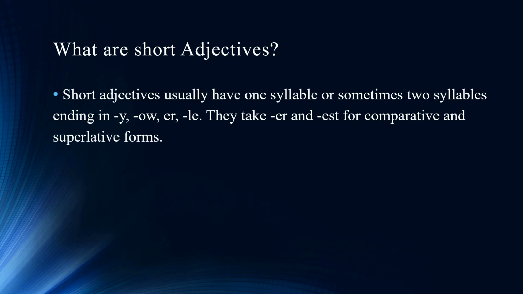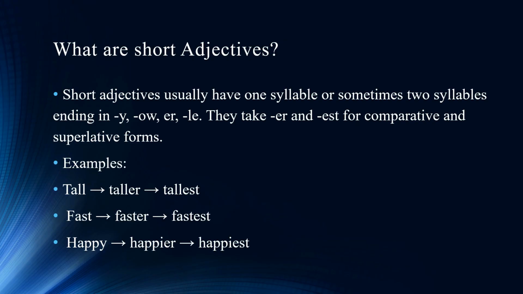They take er and est for comparative and superlative forms. Examples: tall, fast, happy. These are short adjectives, and you can see in the second degree, the comparative degree, we added er, and in the third degree, which is the superlative degree, we added est.